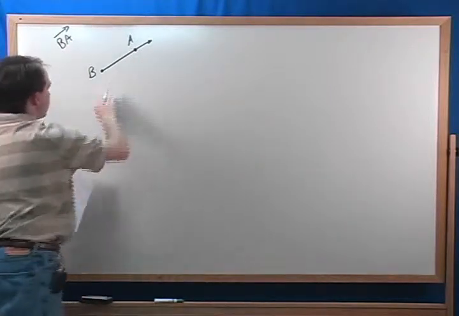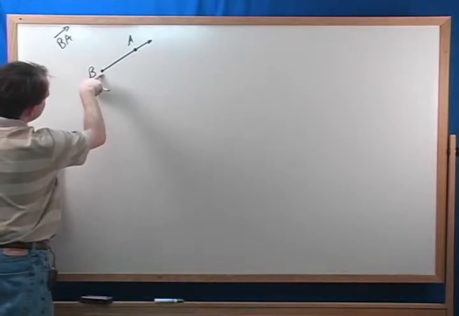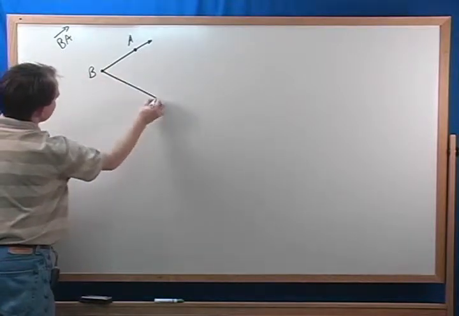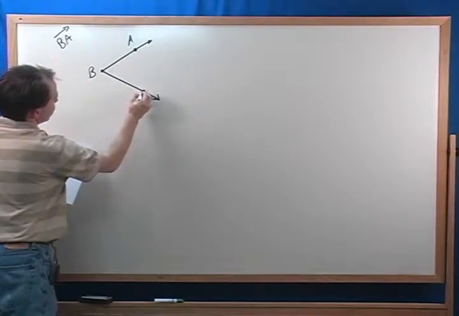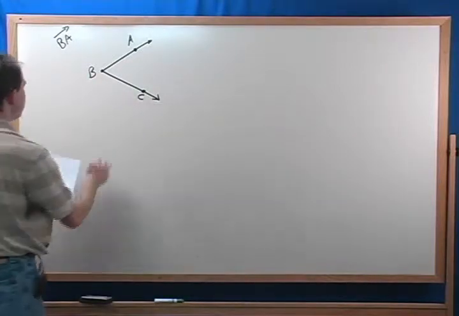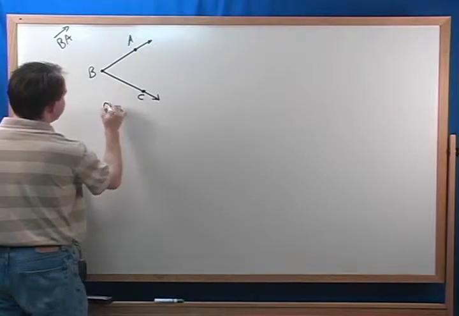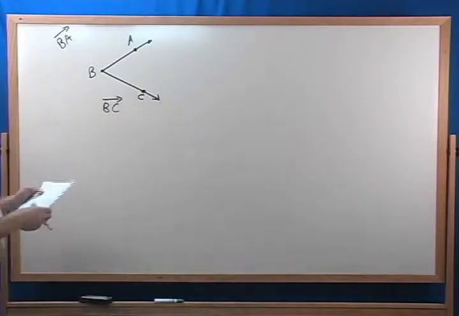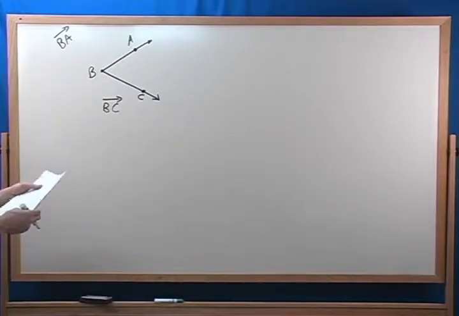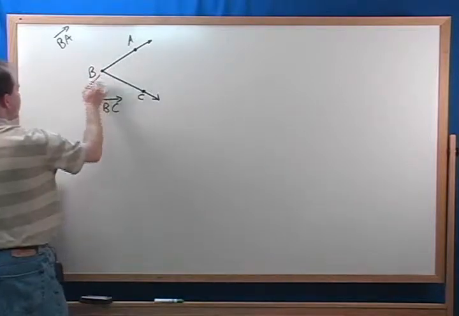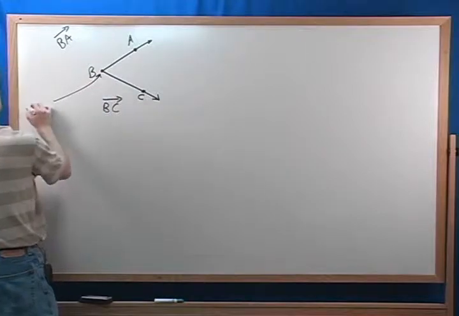And then attached to this common point here, I drew another ray that started at B and went through the point C. So this one is ray BC. I have ray BA and ray BC.